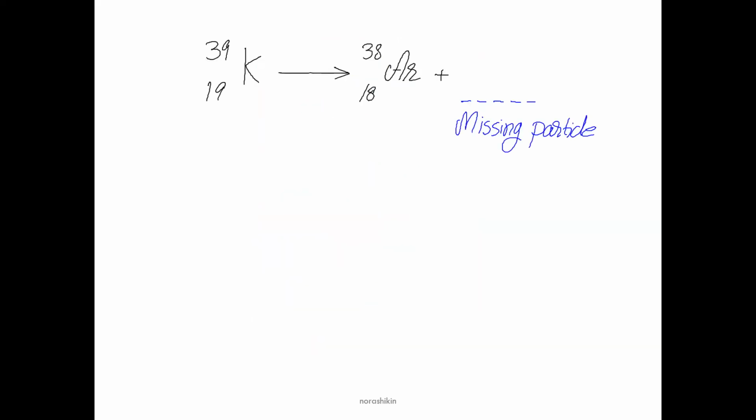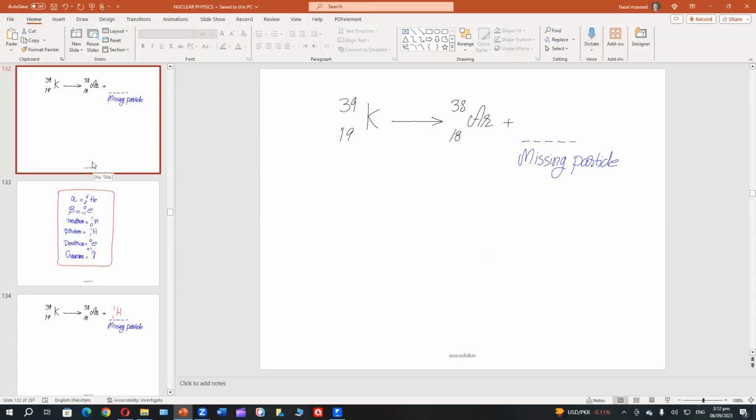See the difference, 39 becomes 38. Just like you balance chemistry equations, 39 and 38, difference is 1. 19 and 18, difference is 1. Proton. So look at the list of particles.